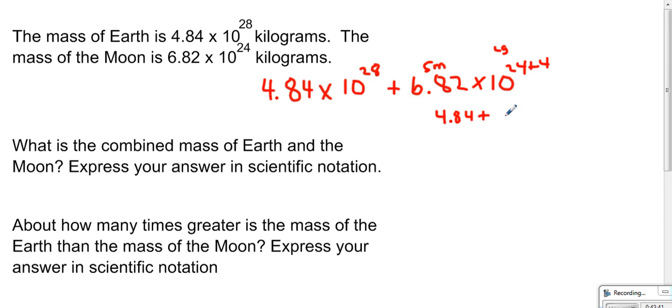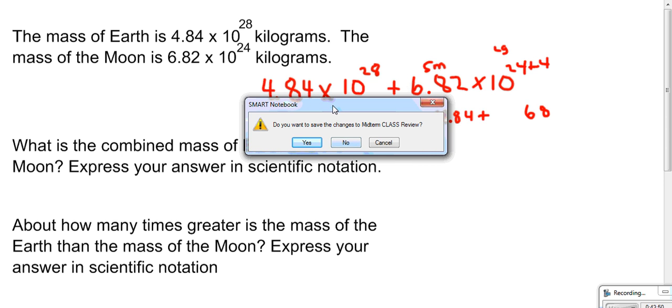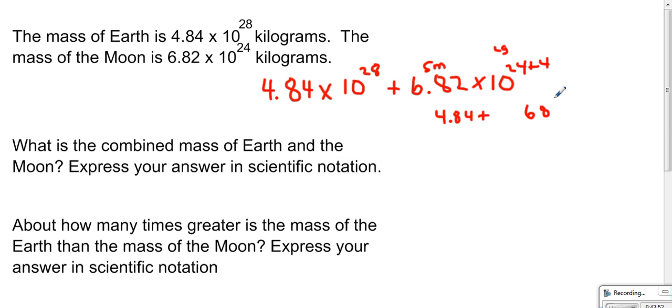And I'm going to add that to, and I'm going to write that here, 6.82. I'm going to move it once, twice, 3, 4 times. I'm going to put a 0, 0, 0. So what I have is an annoying number.